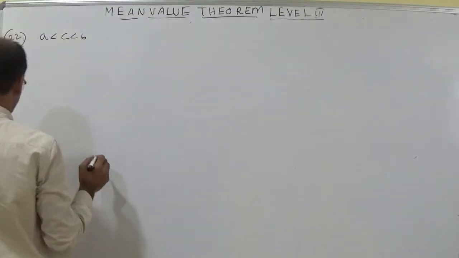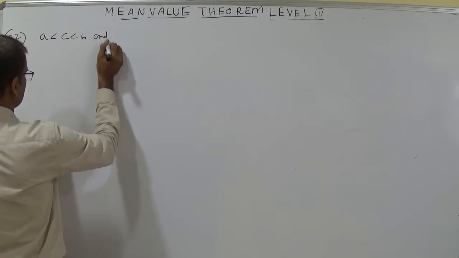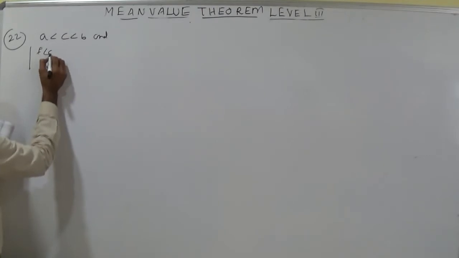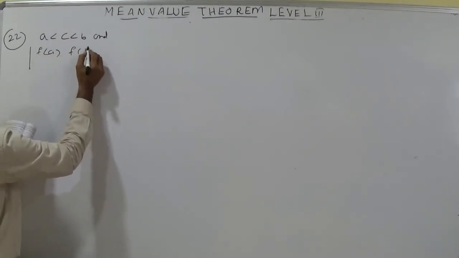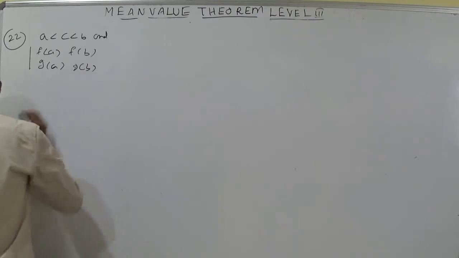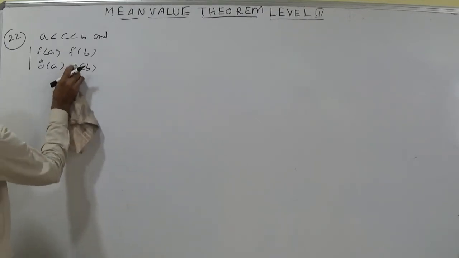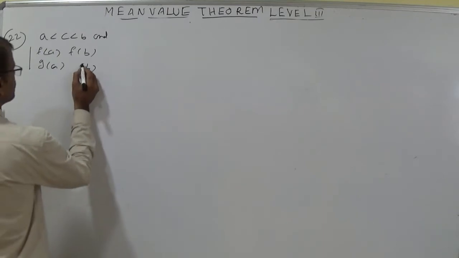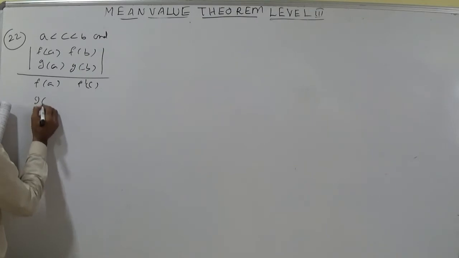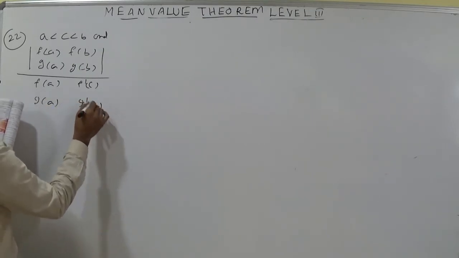This is the given condition, and the data using a determinant of a 2 cross 2 matrix is given as f of a, f of b, g of a, g of b, whole by f of a, f dash c, and g of a, g dash c.